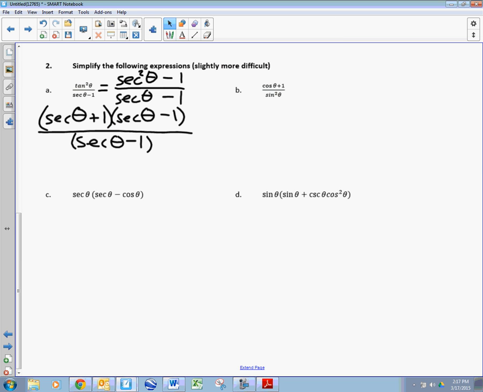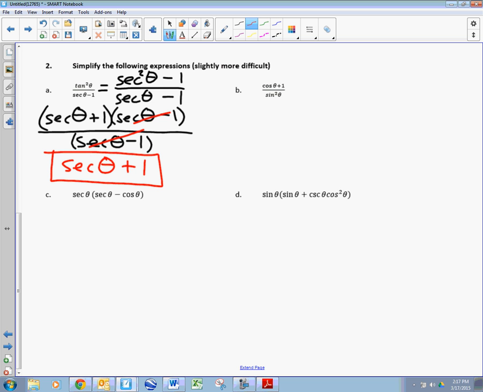So I can cross off the secant of theta minus 1s. I get secant of theta plus 1. So I get it, it's a little bit challenging. I get it.